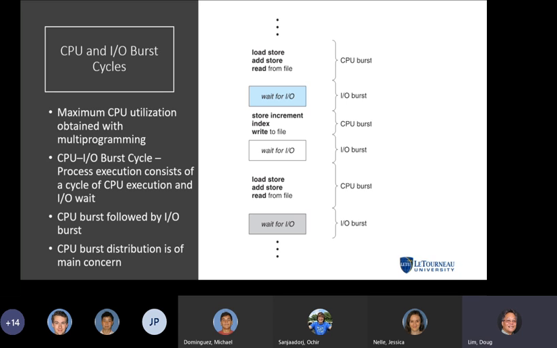A lot of the analysis for algorithms for scheduling processes into the CPU revolves around this: you tend to have a big burst of CPU usage by a process, and then it has to do some type of I/O, either accessing a file on a disk or going out over the network, whatever the case may be, and this happens at a slower speed than the CPU.